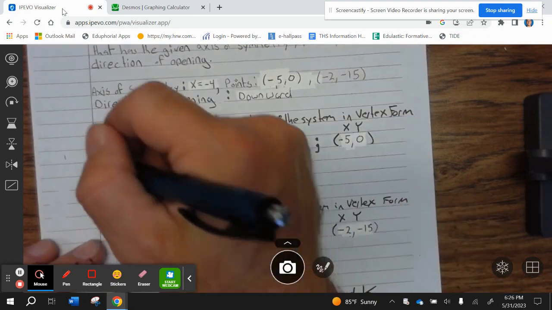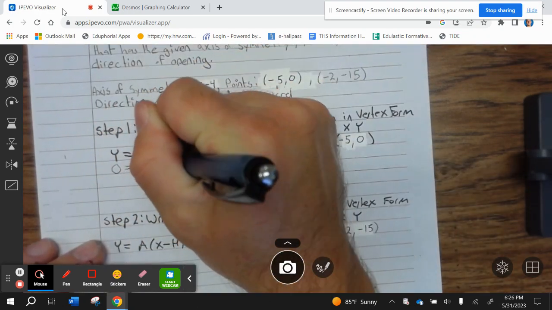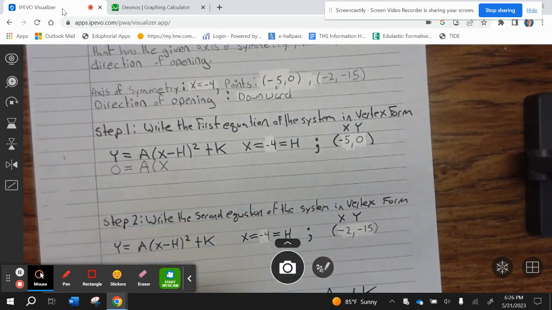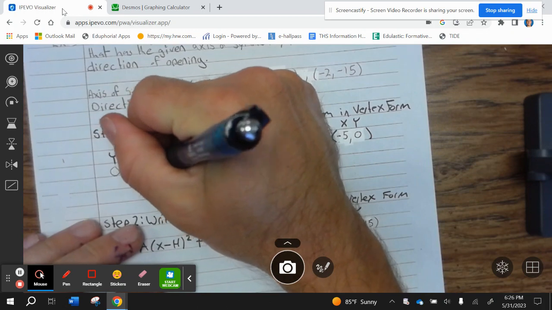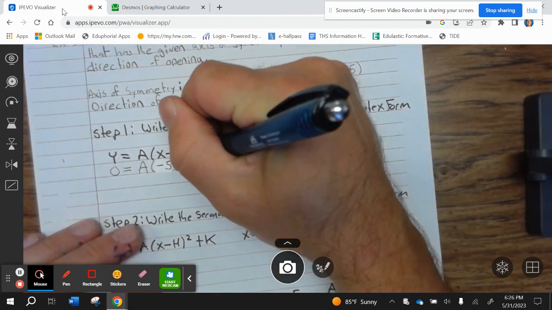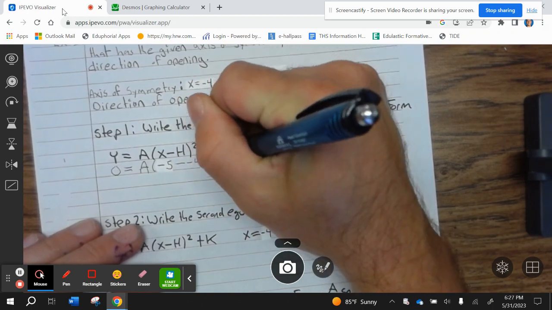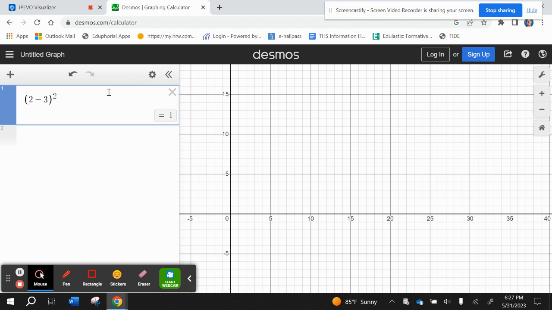Okay, so we're going to plug our numbers in. So we have our y, which is 0, equals a, we don't know a, parentheses x, which is -5, minus h, which is -4, squared plus k. So let's go ahead and find out what it is.